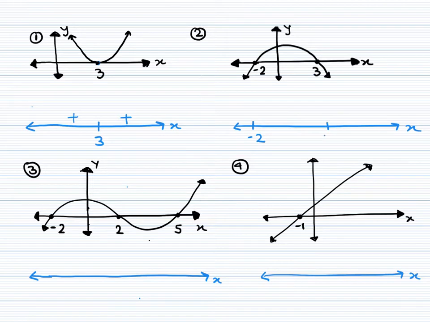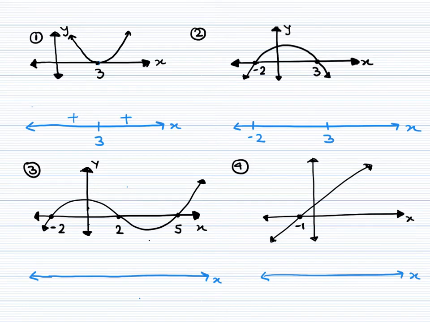Again, we look at the graph. Before -2, the graph is below the x-axis. Between -2 and 3 it is above, so it will be positive. And after 3 it is below, so the sign is going to be negative.